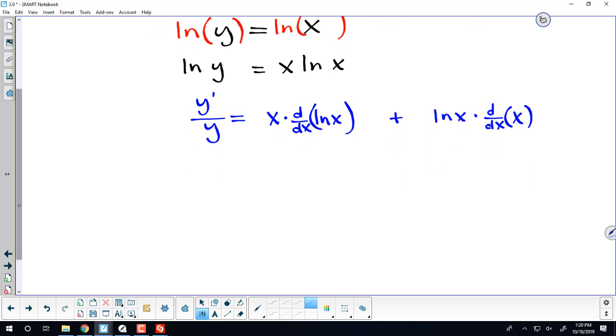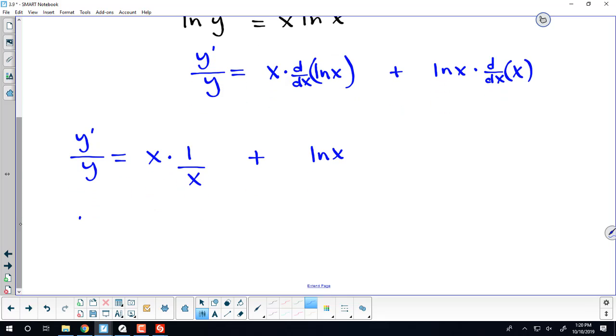So we have y prime over y is equal to x times the derivative of the natural log of x, which is 1 over x, plus the natural log of x times 1. So then we're dealing with y prime over y is equal to 1 plus the natural log of x.